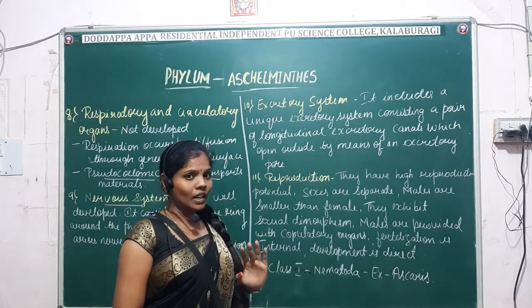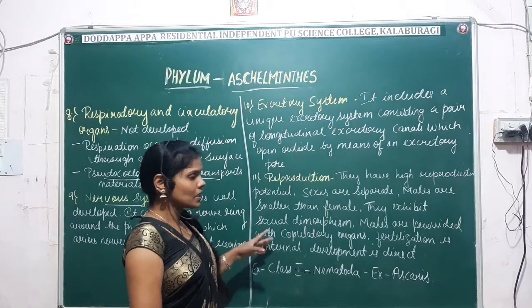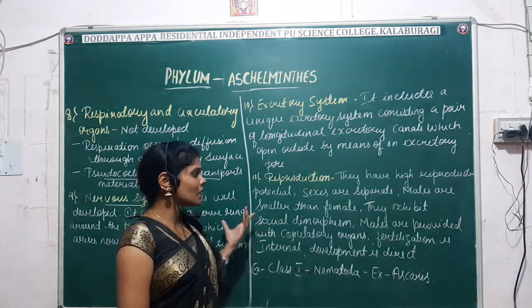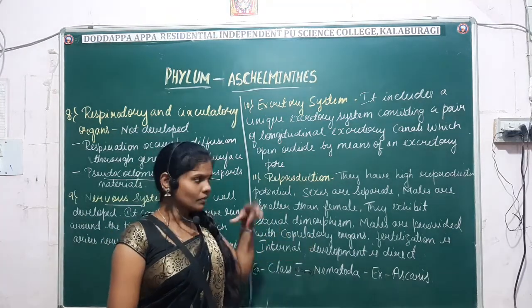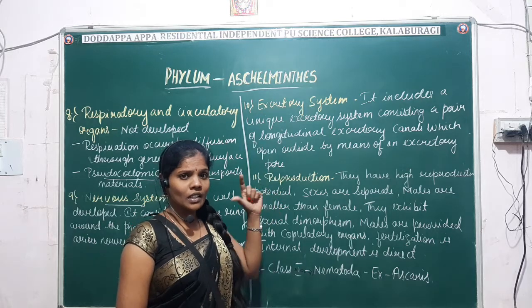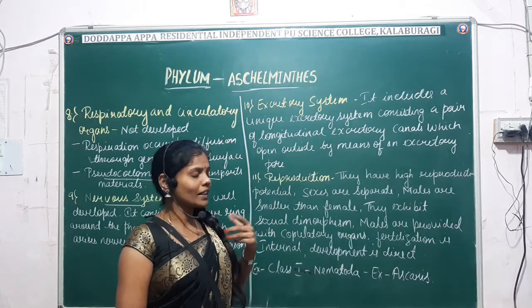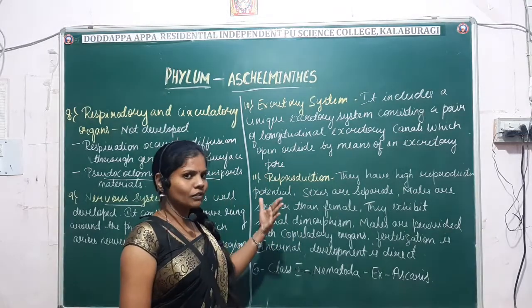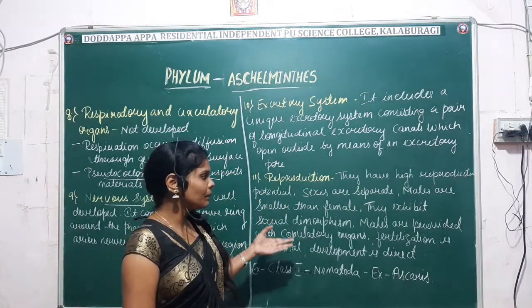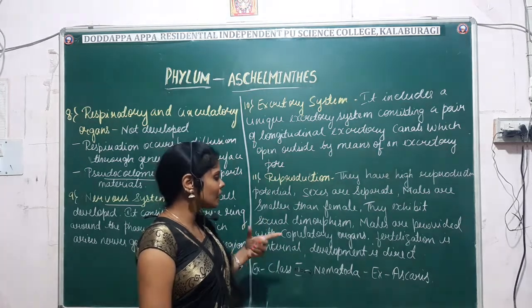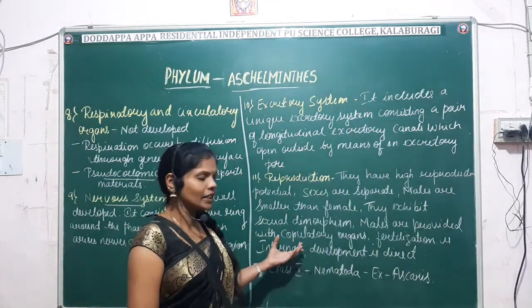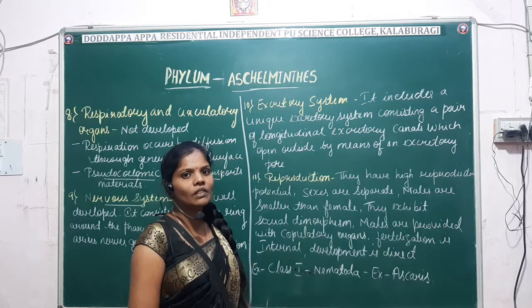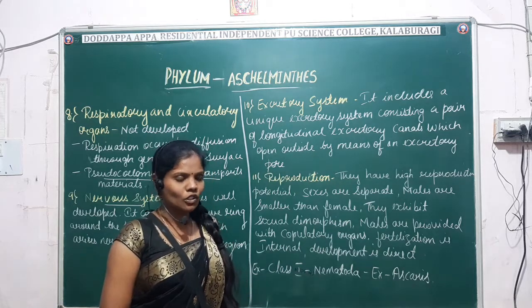Apart from this, the males are smaller than the females. The size of the males is small and the females are larger; the length of the females is more than the males. The males are provided with copulatory organs, so the reproductive structures are well developed in the males.